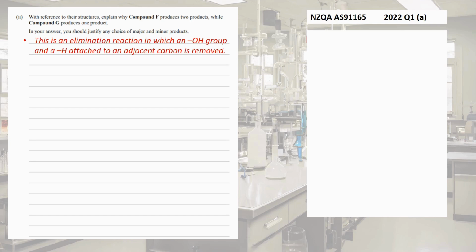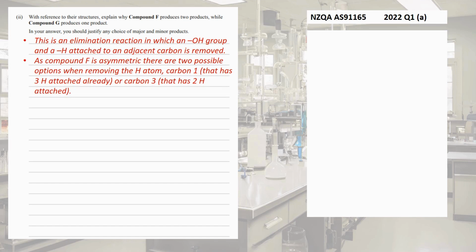And so the next thing we're going to say is compound F is asymmetric. Okay, so if we look at compound F, it's asymmetric. So when we remove the OH, we have two possible choices. On carbon 1, there are 3 hydrogens attached, or carbon 2, there are 2 hydrogens attached. So depending on where we take the hydrogen from, carbon 1 or carbon 2, we're going to get 2 different products.